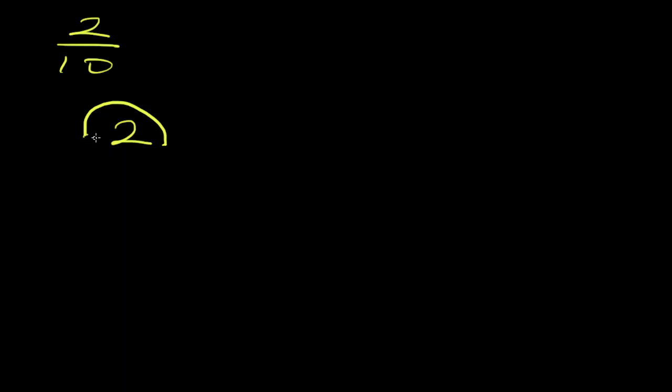If we had 2 zeros, we would jump over it 2 times. Because we have just one 0, we jump over it once, and the decimal point lands right here. So we get 0.2, and we introduce a 0 in front of the point.